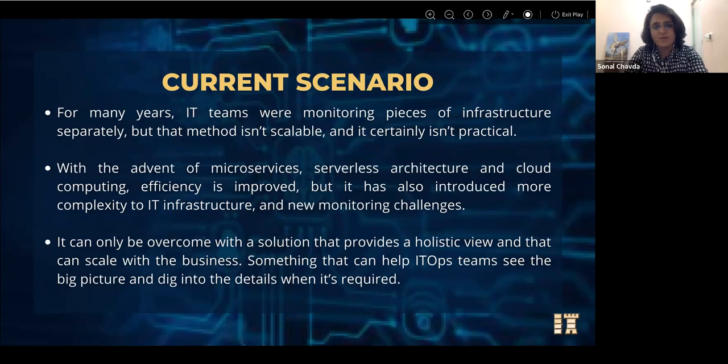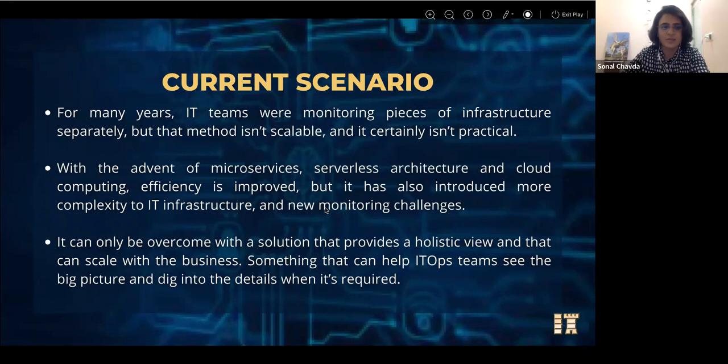Before going further, let's talk about a few years ago. Monitoring has been in the IT realm for years, but in the past, pieces of infrastructure were monitored separately. In the current scenario, with advancements in microservices, serverless architecture, and cloud computing, the infrastructure is so complex that services and efficiency are improved, but at the same time it brings many new monitoring challenges.